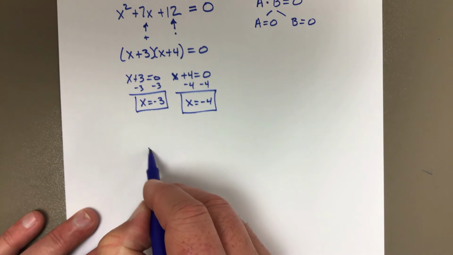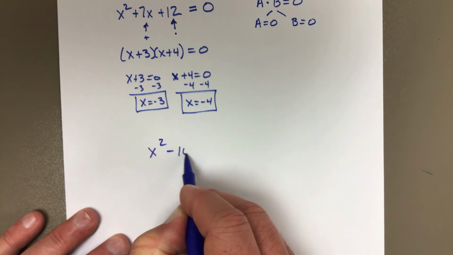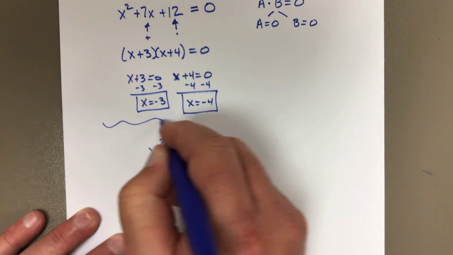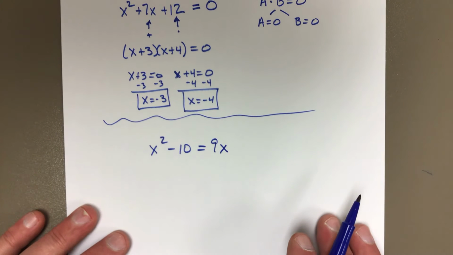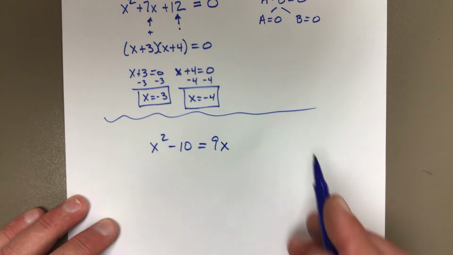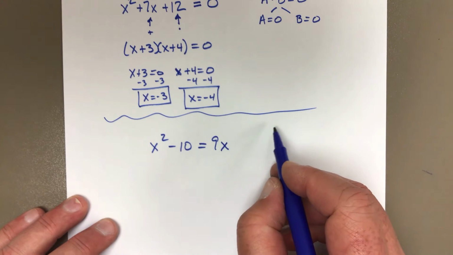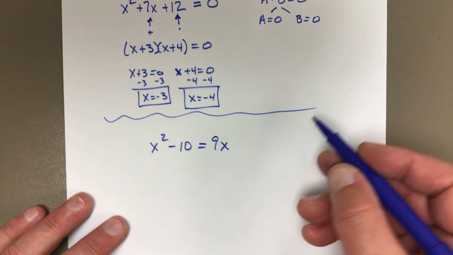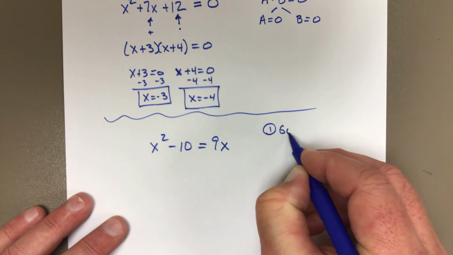What I mean by that is if we have x squared minus 10 is equal to 9x. Right? X squared minus 10 is equal to 9x. So the very first thing you have to do is get one side to 0.